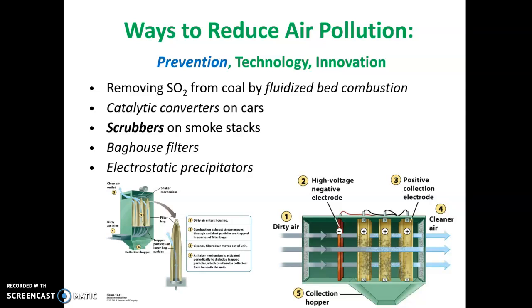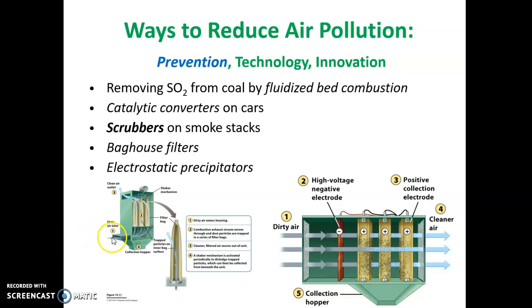So a baghouse filter is a filter which traps particles of pollutants, but then lets air molecules that are not polluted pass through. So picture a coffee filter. It holds back the ground coffee, which is a larger particle size, but allows water to flow through because that's a smaller molecule size. Well, it's kind of similar to that.